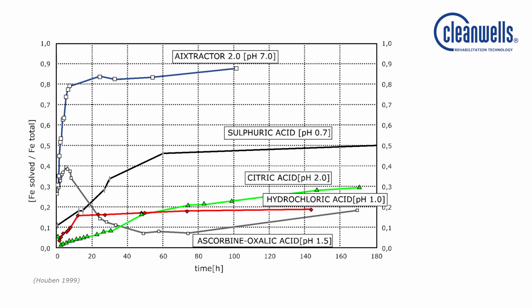The dissolution capacity of pH neutral agents is 50 times greater than that of hydrochloric acid in identical molar concentration. That means 100 gram dissolved iron 2 compared to 2 gram.